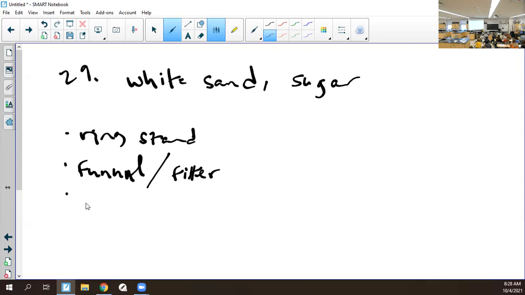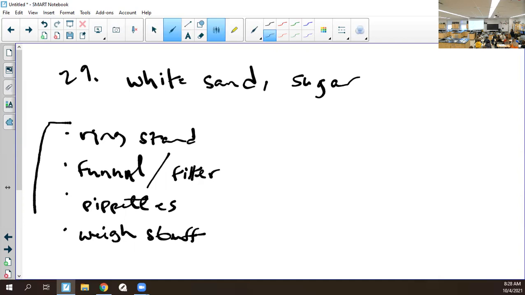Pipettes, that's awesome. And I heard balance. What else do we got? Weigh boats. Weigh stuff, right? We'll put balance under that too. So this is just some of the apparatus that we could be using. What this question is asking you to do is to draw or describe how you would use it. If we've got white sand and sugar, what's a way that we could separate these?